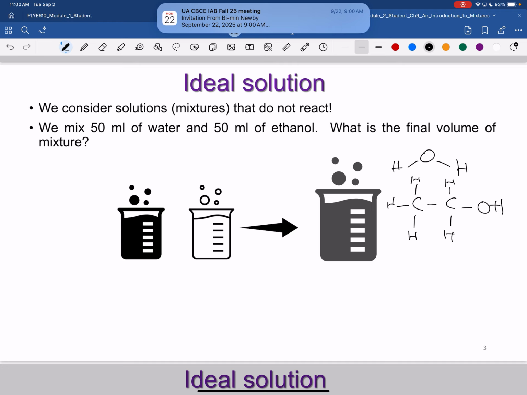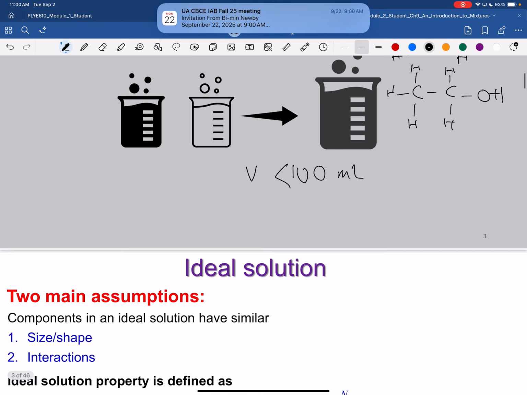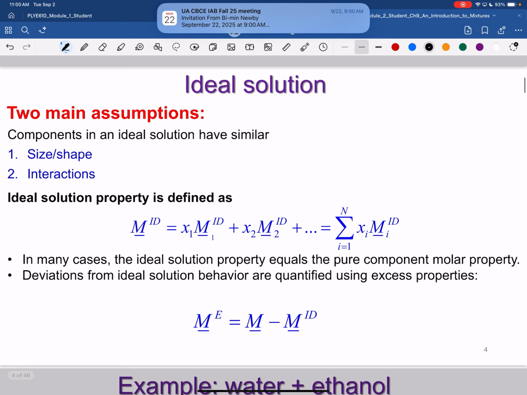So in this case, definitely V is less than 100. And this opens up the new concept here about ideal solution.